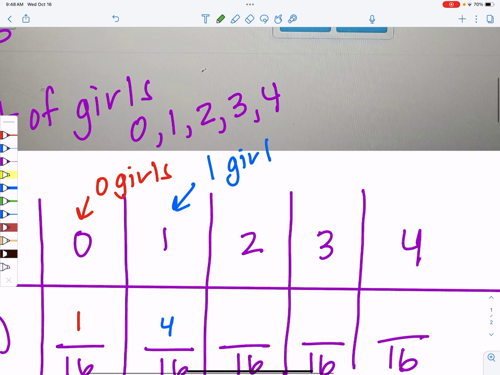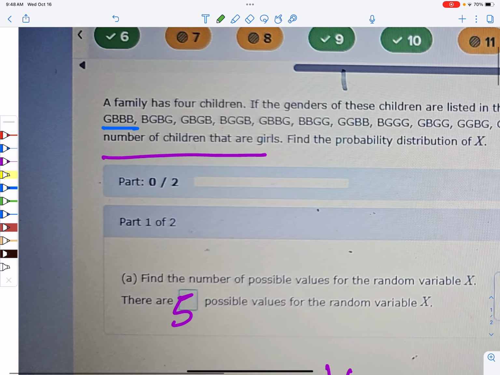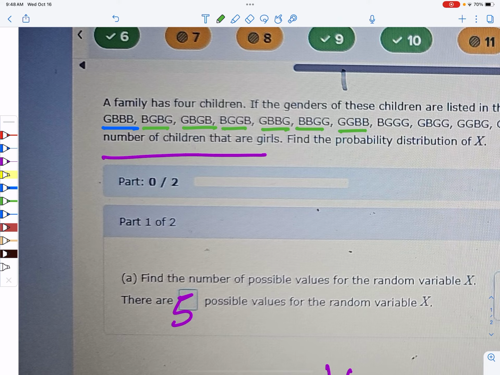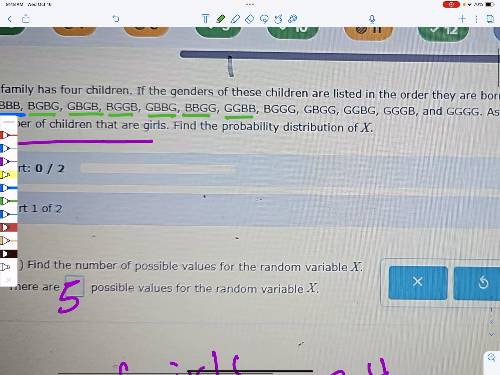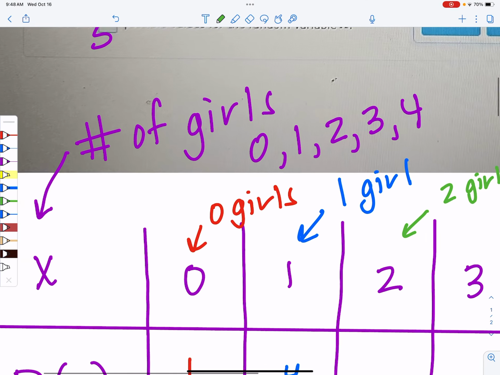Okay, if we keep going, we want 2 girls here. So we'll do the same thing. The outcomes with 2 girls, there's 1 here, 2, 3, 4, 5, 6, and it looks like that's it, right?